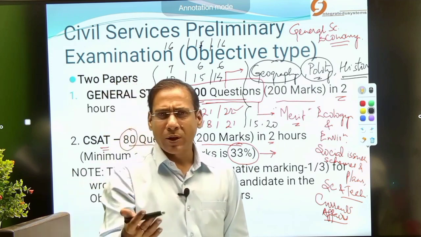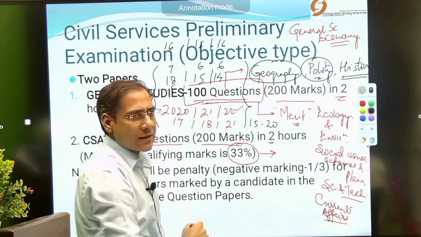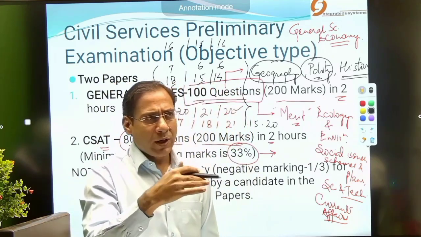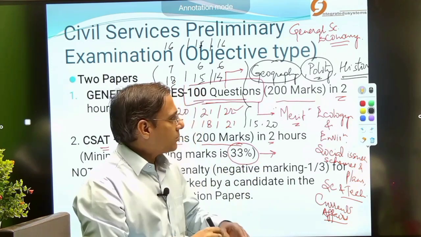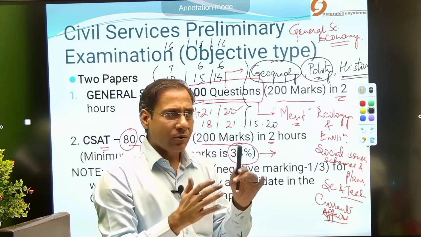It may fluctuate: somewhere it is 15, somewhere 18, somewhere 21, somewhere 12. So it fluctuates between 15 and 20. What are the major subjects? Geography, polity, history and economy. So you have to emphasize here.